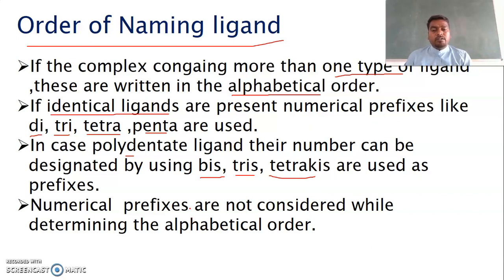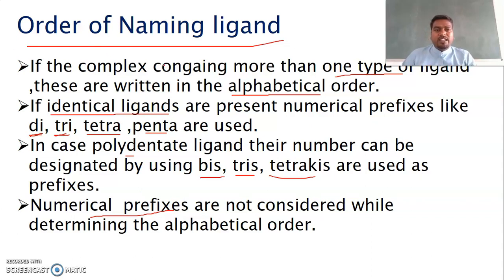And one important thing: numerical prefixes, that is di, tri, tetra, are not considered while writing the name in alphabetical order. Don't get confused.